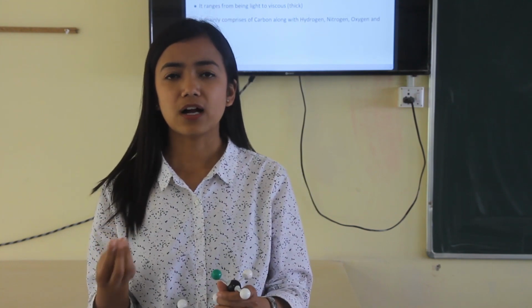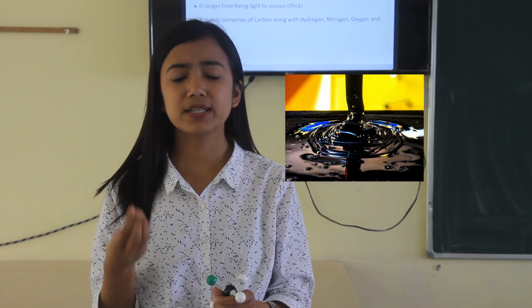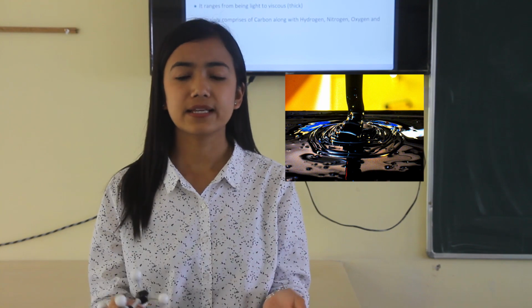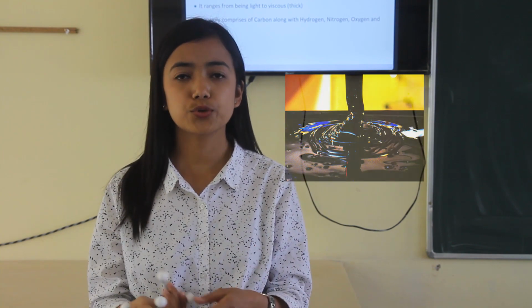Now let us discuss some of the popular properties of petroleum. It looks like a very black liquid with a little bit of greenish tinge, and it can range from being very thin to very thick. And thickness is also referred to as being viscous.